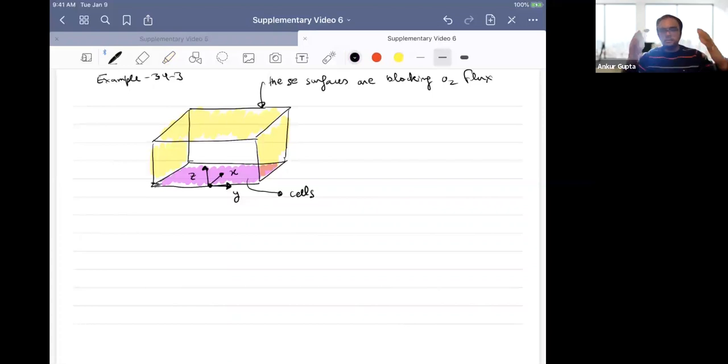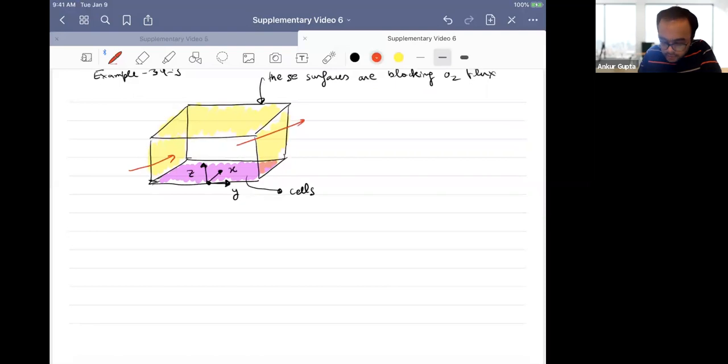Just to repeat, we have a mammalian cell layer in the bottom, and then we have the top and the two sides where they're blocking. The surfaces in the x direction in this picture, this one and this one behind, have constant oxygen, because they have been exposed to air outside.